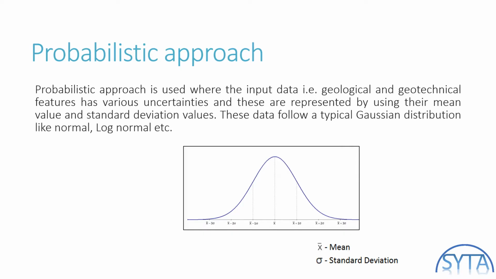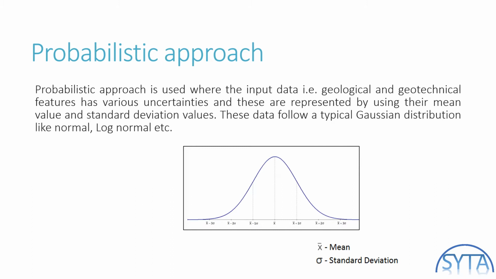So to begin with the introduction of the probabilistic approach, which is used where the input data, that is the geological and geotechnical features, has various uncertainties, and these are represented by using their mean values and standard deviation values.